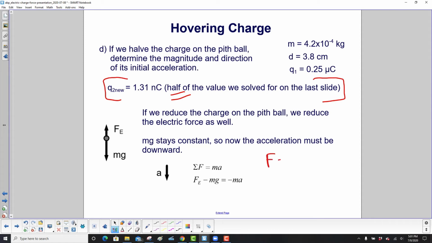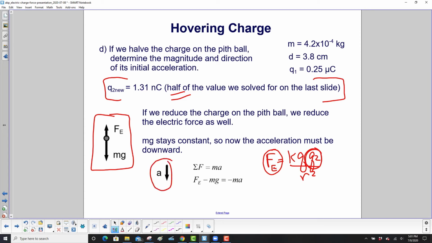The electric force, put an E here, is kq1 q2 over r squared. So if I cut this guy in half, the electric force will be cut in half. So you can see on the free body diagram, the electric force vector is half, and it's smaller than mg now. So which way is this thing going to accelerate? Well, downward, right? Because there's more force down than up.